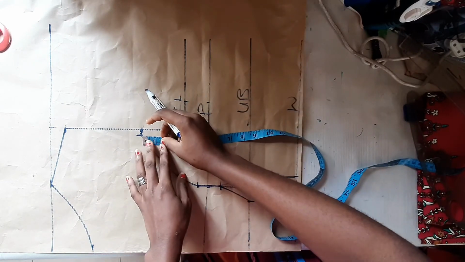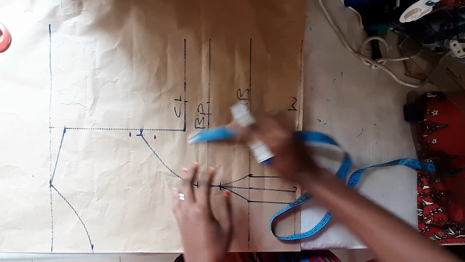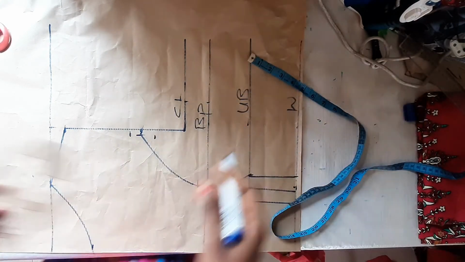On both sides, you'll be taking out 1 inch darts, and you connect back to the bust point.